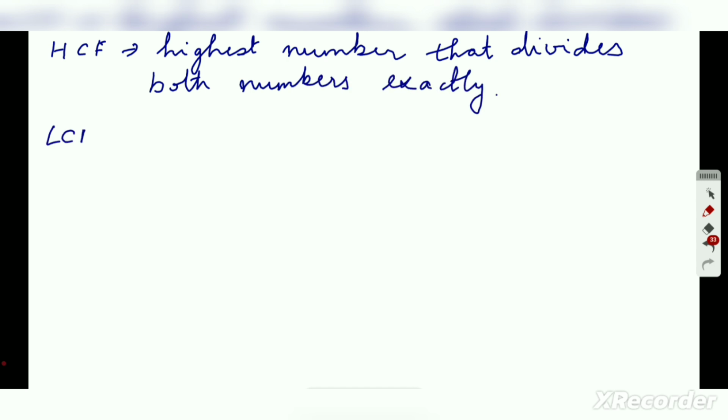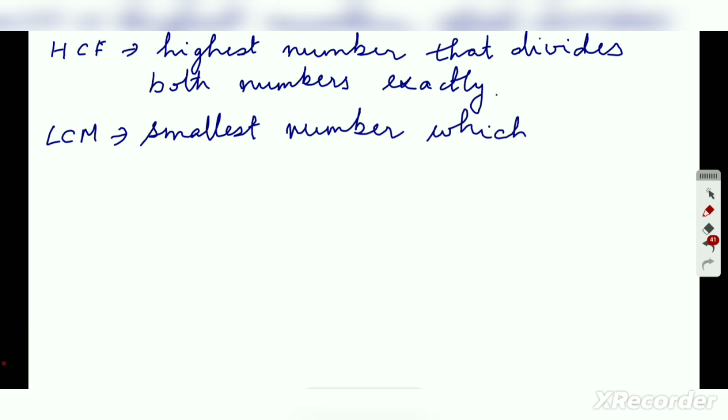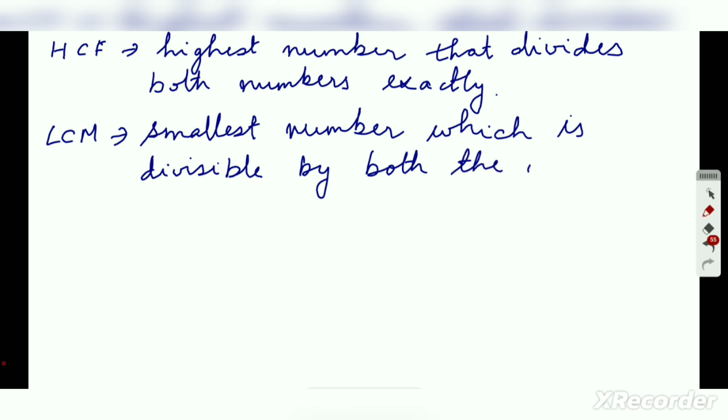And LCM is the smallest number which is divisible by both the numbers.